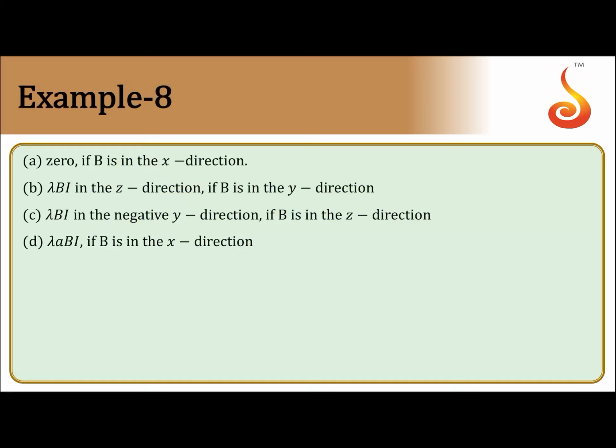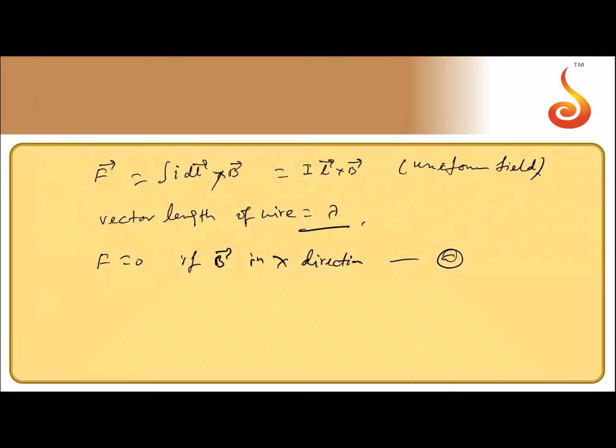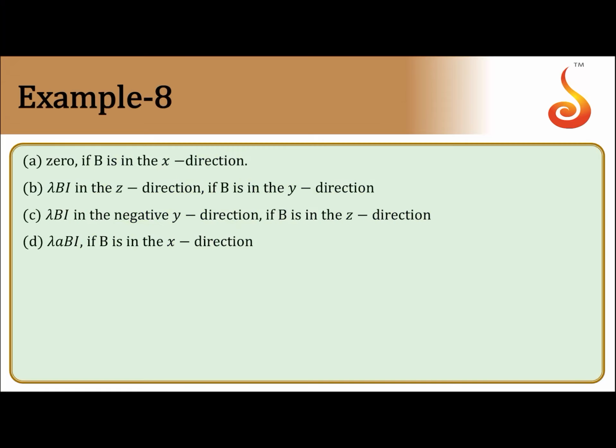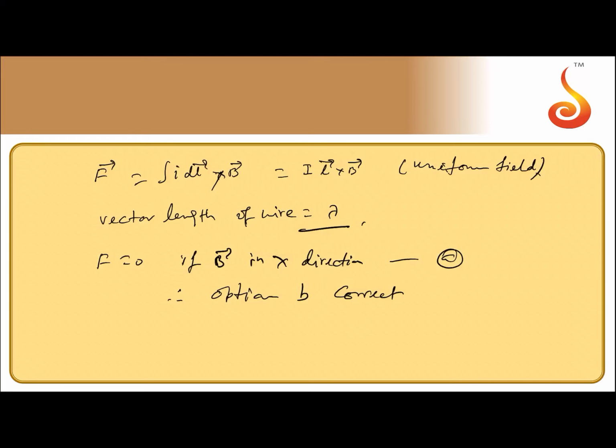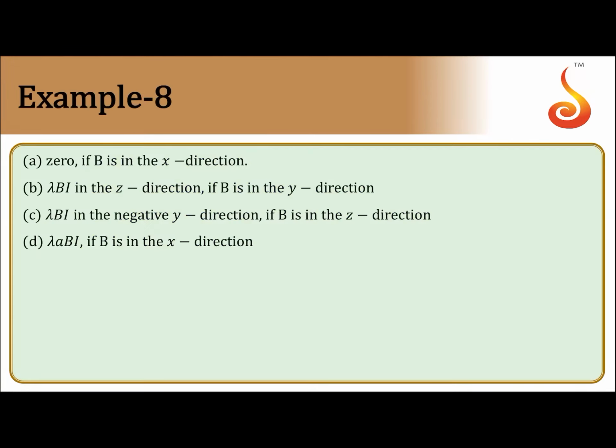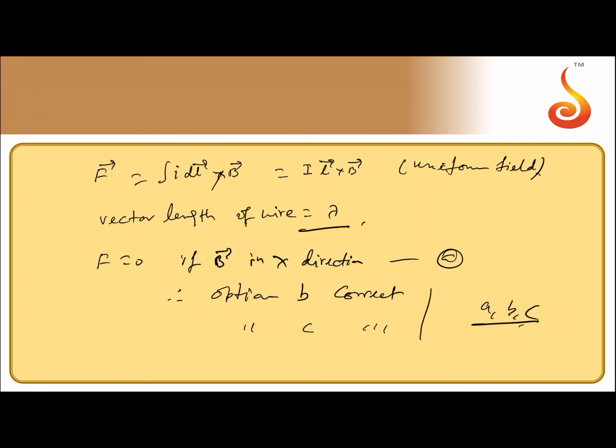If B is in the y direction, obviously it will be ILB sin 90, so B also is correct. Option C is the negative y direction if the field is in the z direction; yes, this also is correct by the rules of cross product. So A, B, C is the answer. D is lambda A, that is not correct.